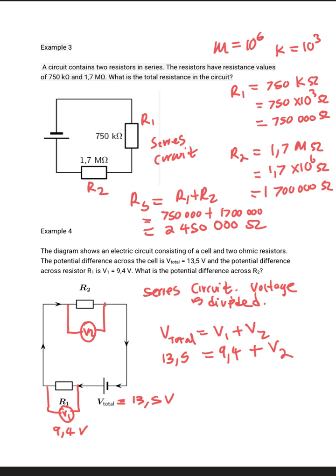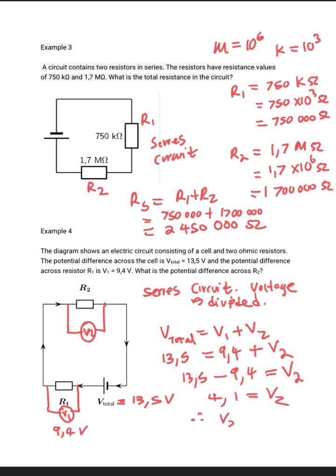To find V2, we just take 9.4 to the other side, and then we have 13.5. When a number jumps the equal sign, it becomes negative, so we have minus 9.4 equals V2. 13.5 minus 9.4 gives us 4.1.